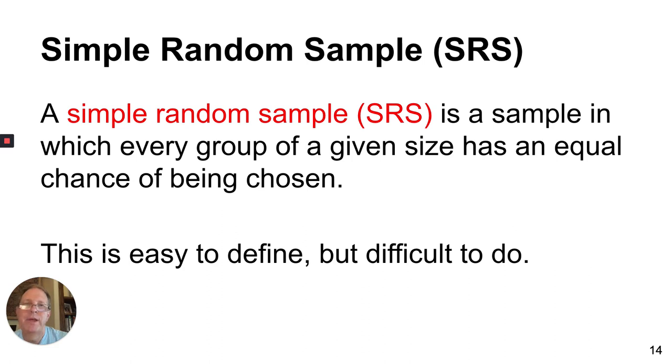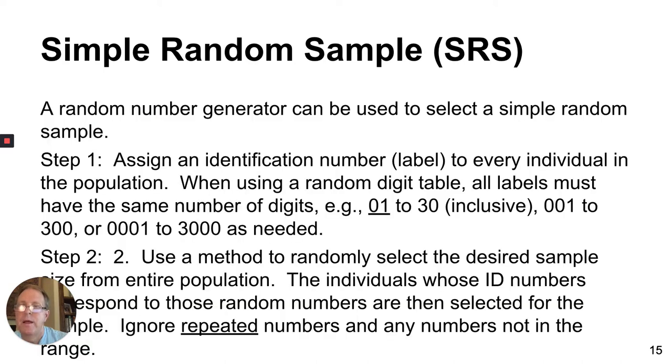A simple random sample. This is the Cadillac of sampling. A simple random sample is a sample in which every group of a given size has an equal chance of being chosen. It's easy to describe, but difficult to do. There are 2 basic steps to doing a simple random sample.